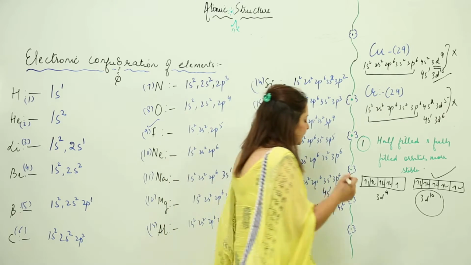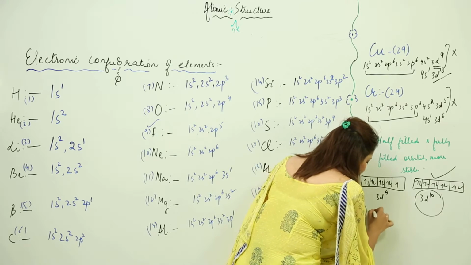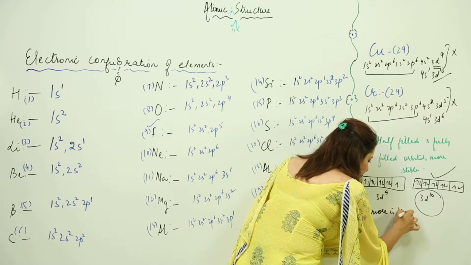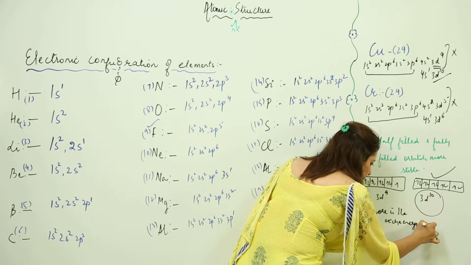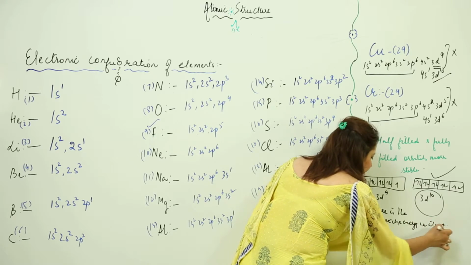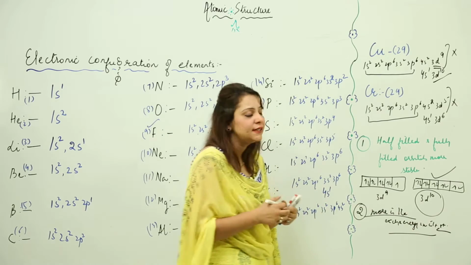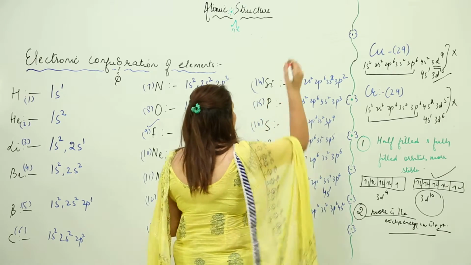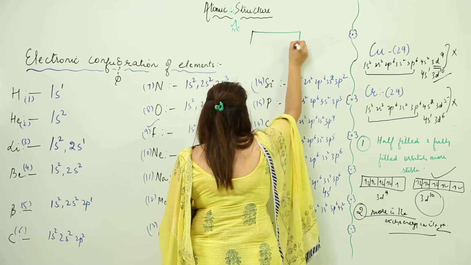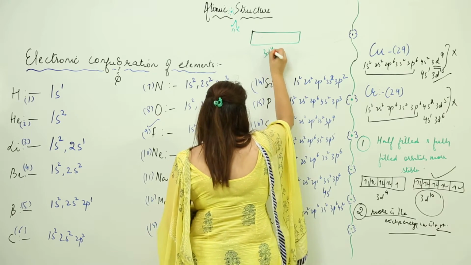The second reason is that the more the exchange energy, the more the stability. So let's see how we can look for the exchange energy. Let us make 3d4 first.